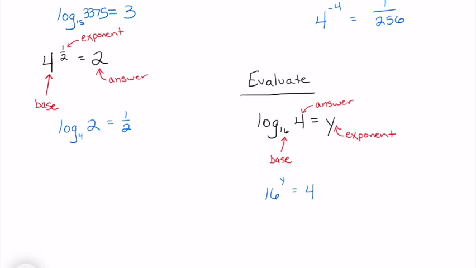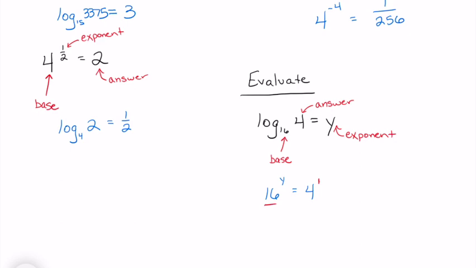So here we have to rely on what we learned in our previous unit about how to solve exponential equations. And one of the things that we learned is that we first need to make the bases the same, so that we can make the exponents equivalent. So this 4 is the same thing as 4 to the first power.